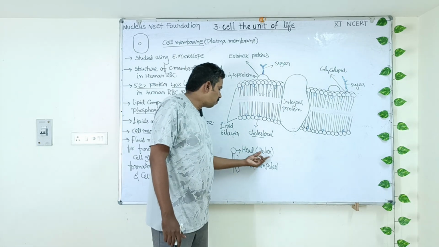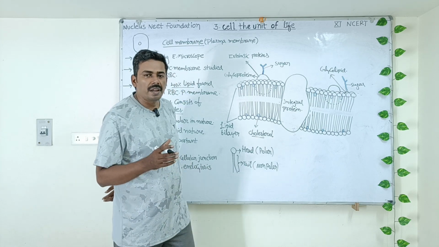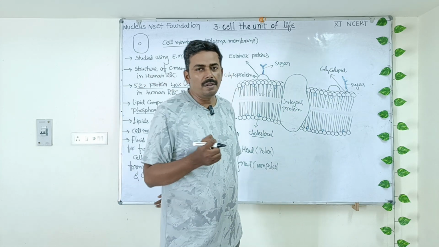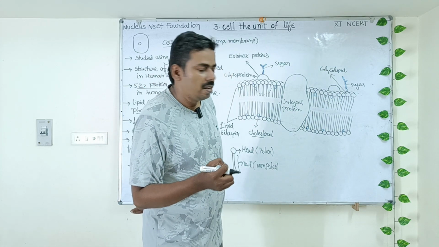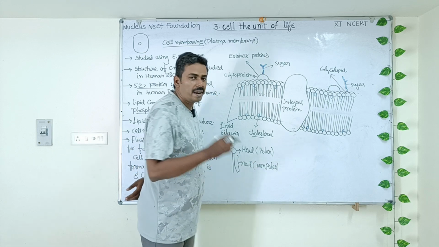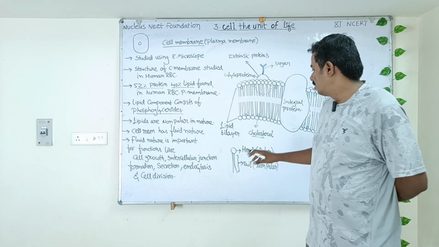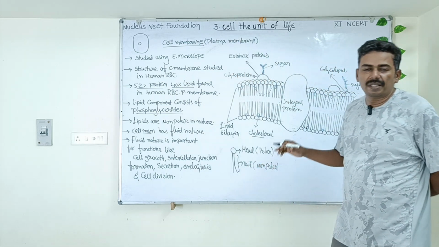Because of the polar nature of the head portion of the lipid molecule, it will try to attract the water molecules. Whereas the tail portion, which shows the non-polar nature, will try to repel the water molecules. It is hydrophobic. The head is hydrophilic, that is water loving.